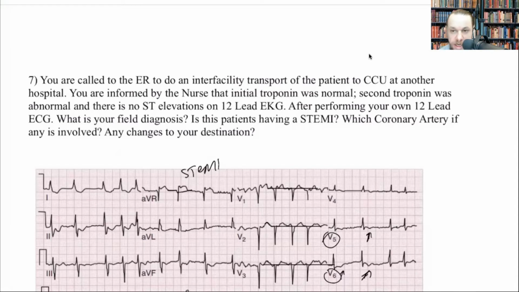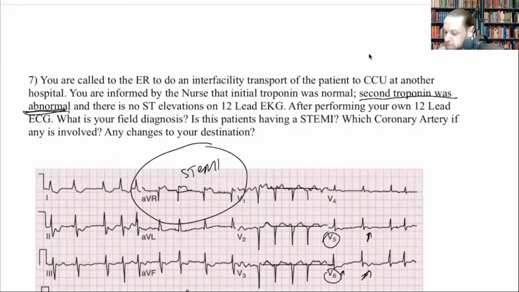Hopefully I can send this EKG so that they see what I see, and I will inform them, look, this person is having a STEMI. How do we know we're having a STEMI? There's elevations. There's also now elevated troponins. So second troponin was elevated. So we have positive troponins, and we definitely could say this is abnormal.